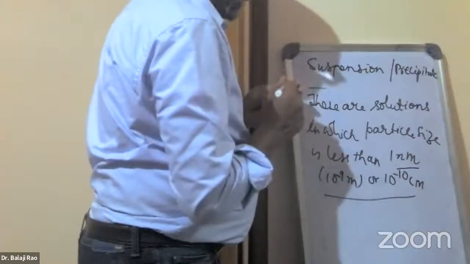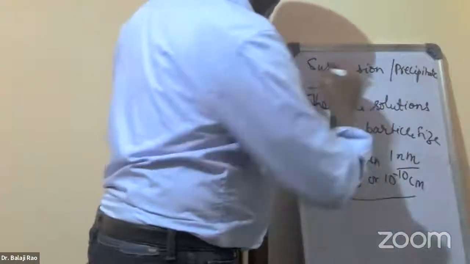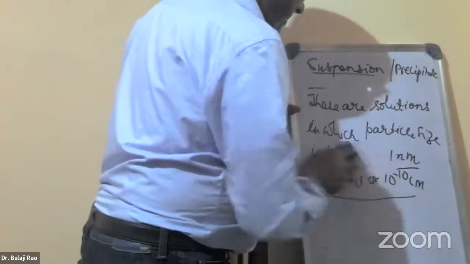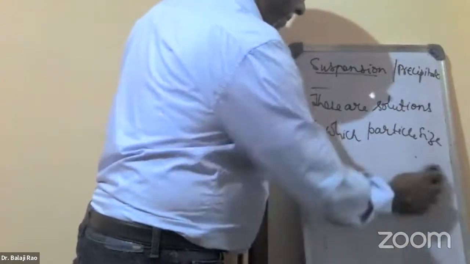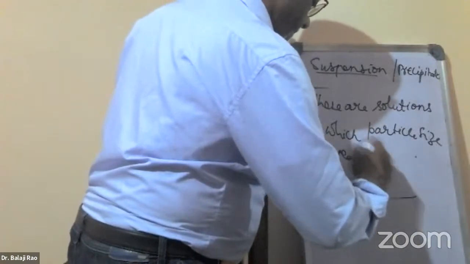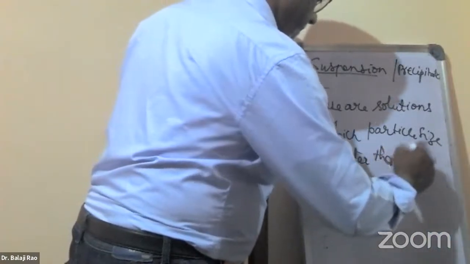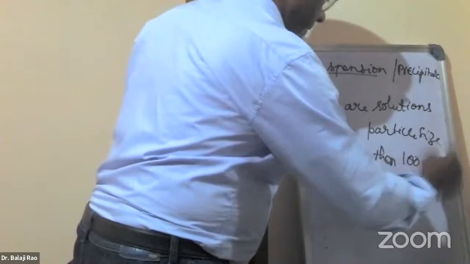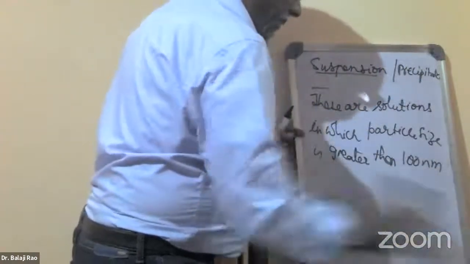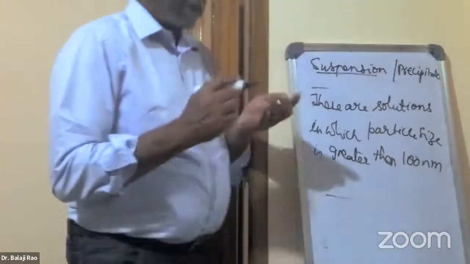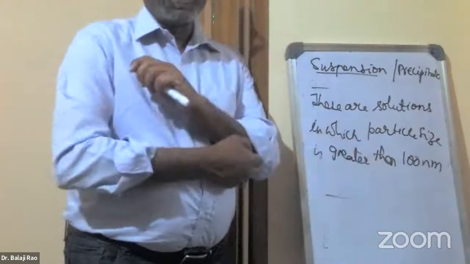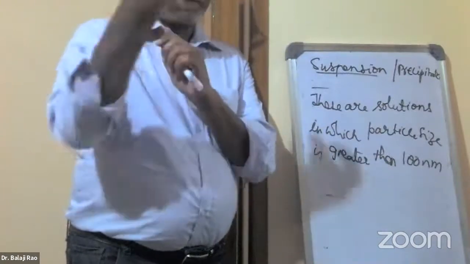A suspension is a solution in which the particle size is greater than 100 nanometers. The particle size is so big that it does not fit into the space between water molecules, therefore the particles come out.